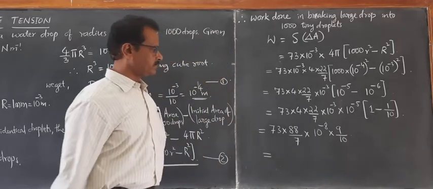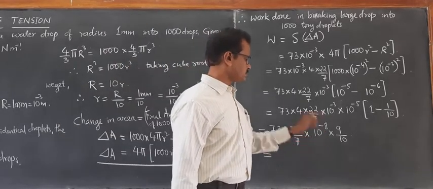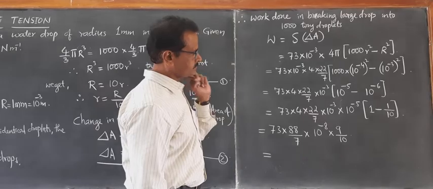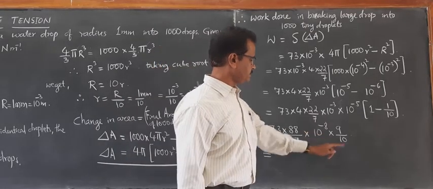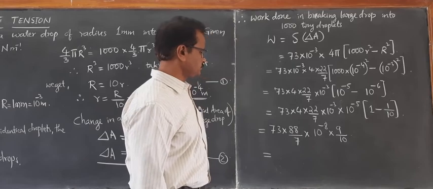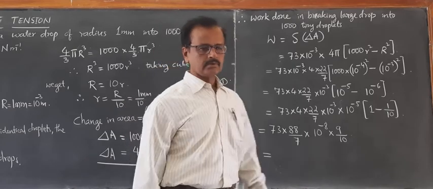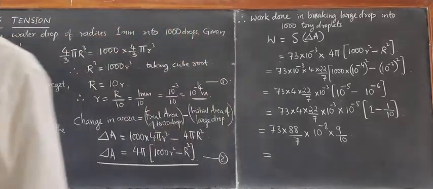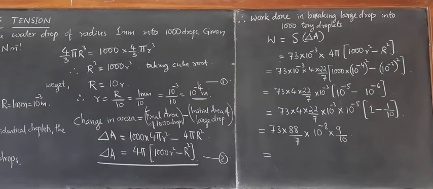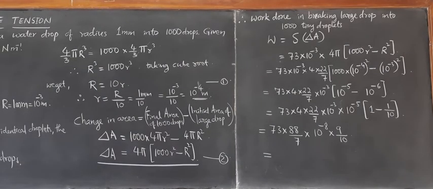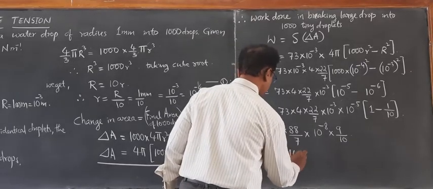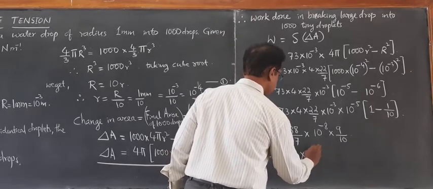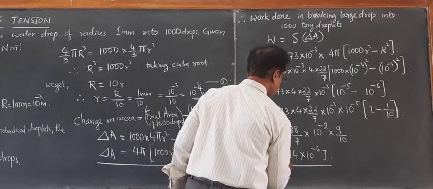So if you calculate this, it becomes 10 raised to minus 8 and then 10 raised to minus 7. If you work it out, it comes out to be 8.14 into 10 raised to minus 6 joules.